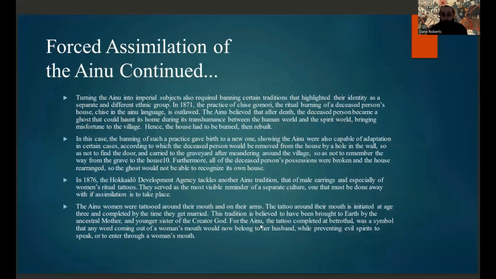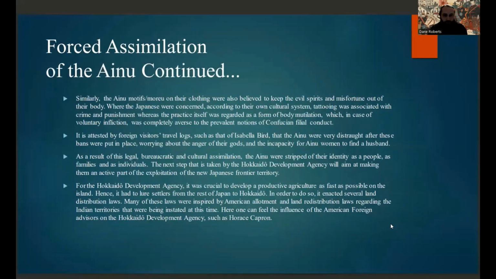It had a lot to do with betrothal, as well as preventing evil spirits from speaking or entering a woman's mouth. Similarly, Ainu motifs on their clothing were also believed to keep evil spirits and misfortune out of their body. And the Japanese associated this and made it illegal as well.